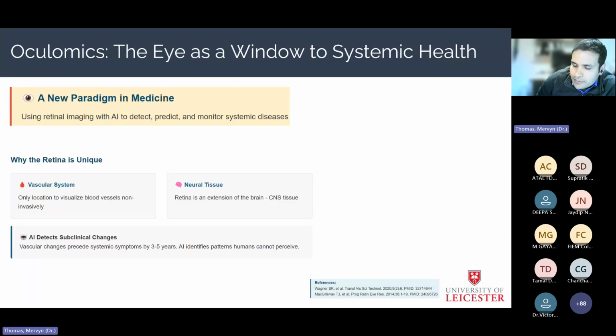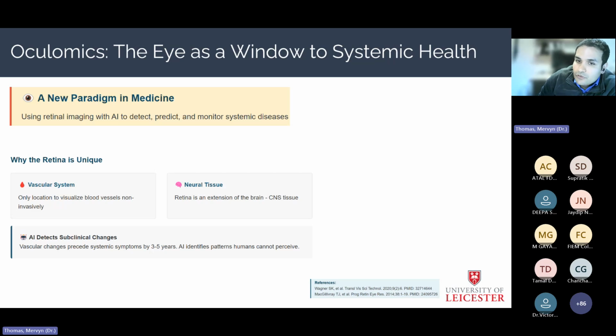And really the researchers and the group that coined this term is a group based at UCL, P.S. Keane, as well as Siegfried Wagner. And that's that first publication in 2020 where they coined this term of oculomics. And why the retina is so unique, as you just saw from some of the images earlier, is that we can visualize the vascular system, blood vessels, non-invasively.